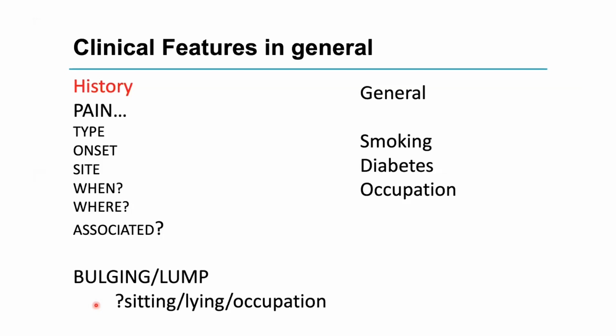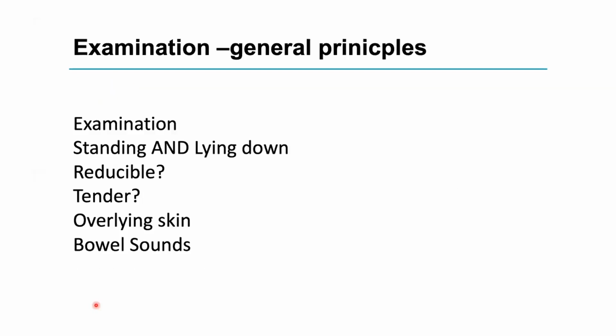It may be that once you develop a hernia, your occupation with repeated straining and stress over time may make your hernia more symptomatic and therefore present earlier. It's probably more likely the case. But it's worth asking, what's your occupation? Because it can have an effect on your ability to undertake your work and recovery from hernia surgery.